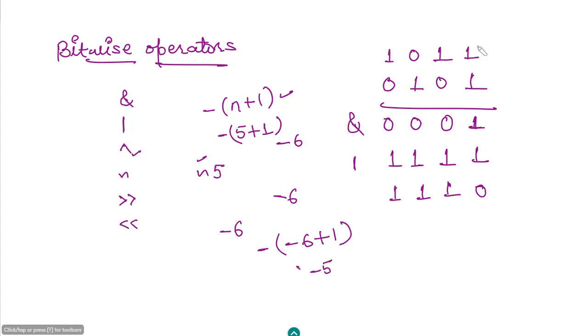The minus sign from the outside is still there. Now the minus will become plus, so the output will be 5. This is just the complement, right? Is it clear?